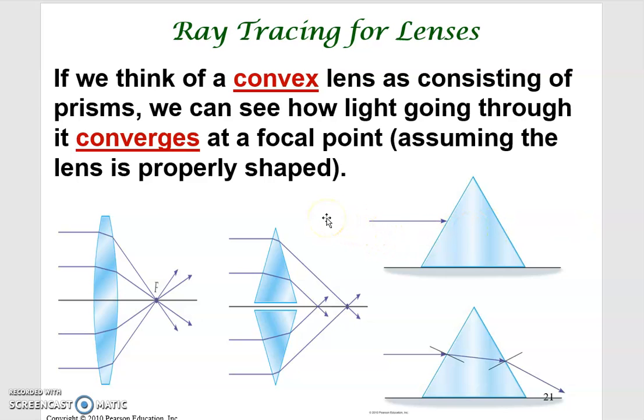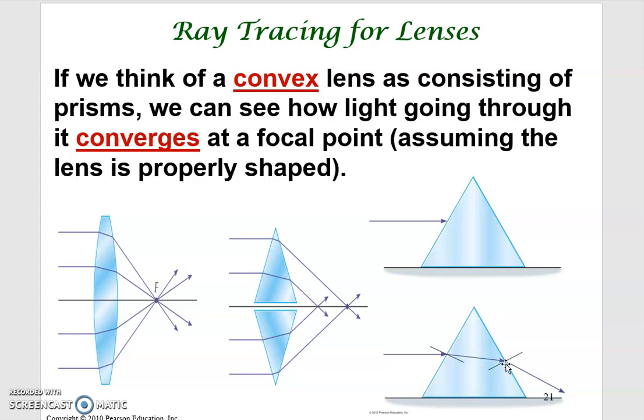When the parallel light hits the first surface, the first side of the triangle here for these prisms, because of the law of refraction, the light is entering from a low index of refraction to a high index of refraction. This means the light will be bent toward the normal line. Agree? After the light is bent toward the normal line, it continues to move in a straight line and hits the other end of the triangle.